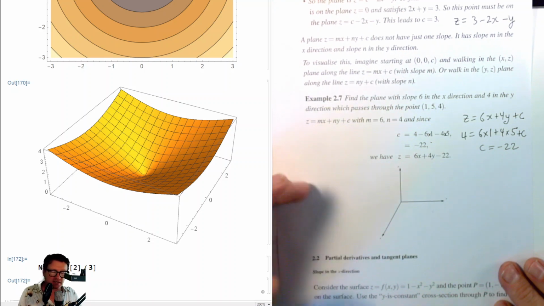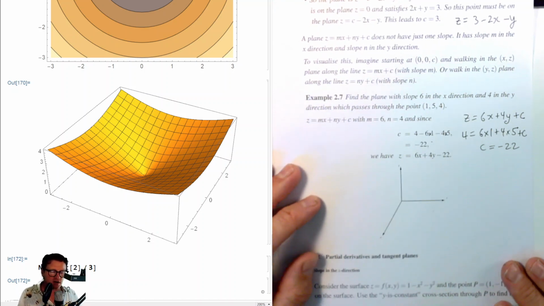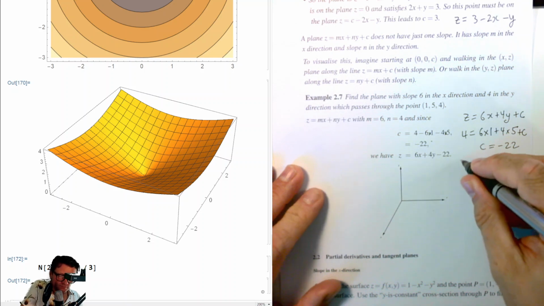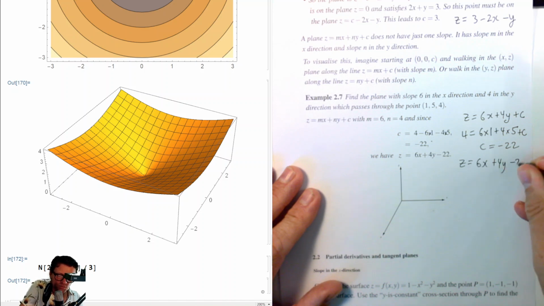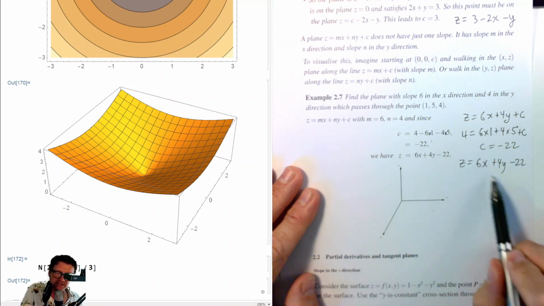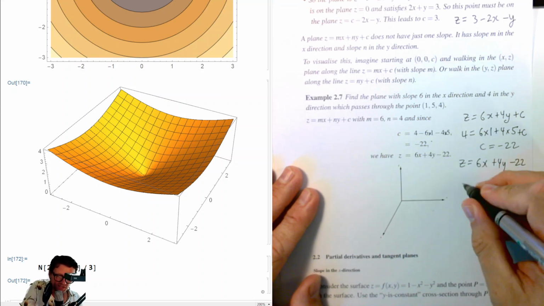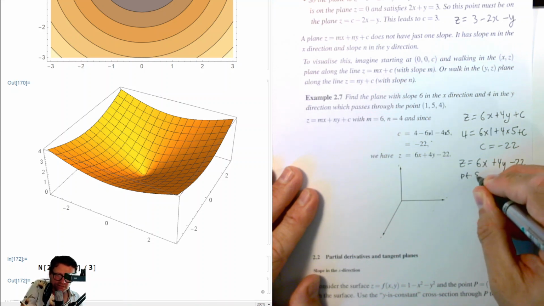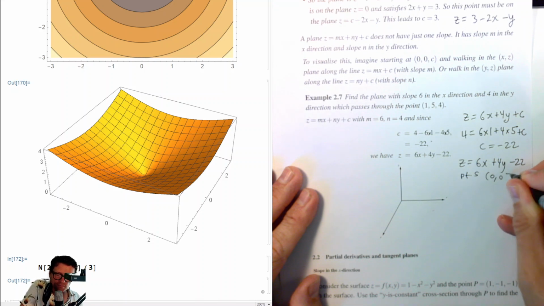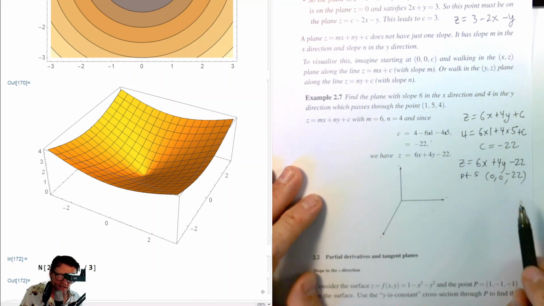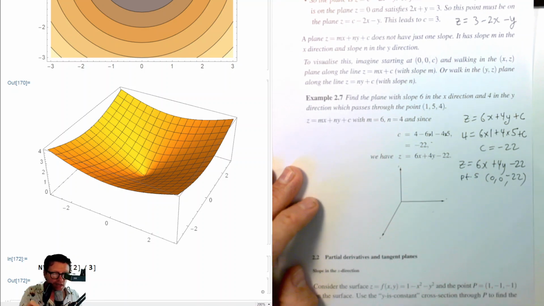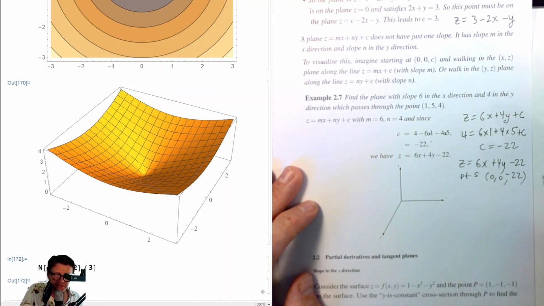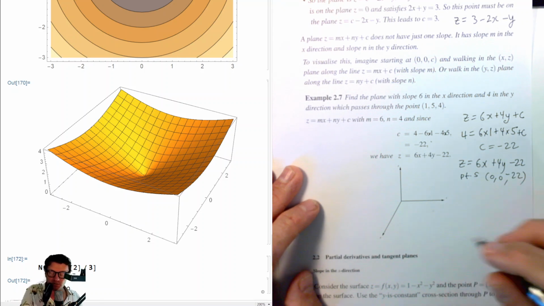Now, the task of plotting this, let's use the triangle method. Given that z equals 6x plus 4y minus 22, putting in x is 0 and y is 0, we've got z is minus 22. So the point is 0, 0, minus 22. Now if we put in z is 0 and y is 0, then we get x is equal to 22 over 6.